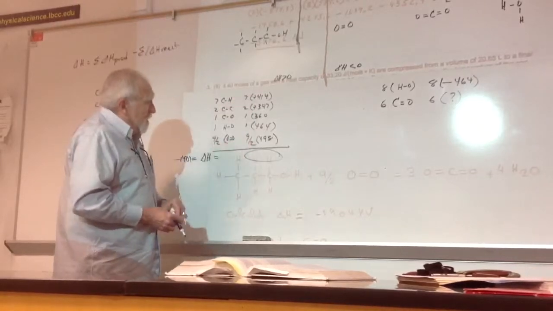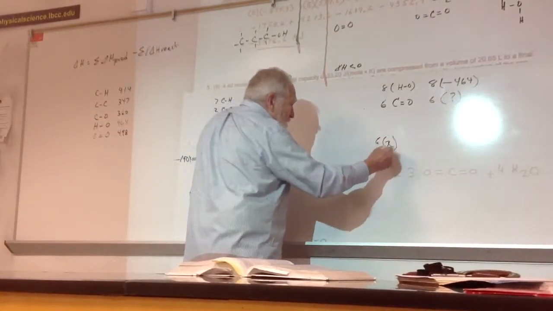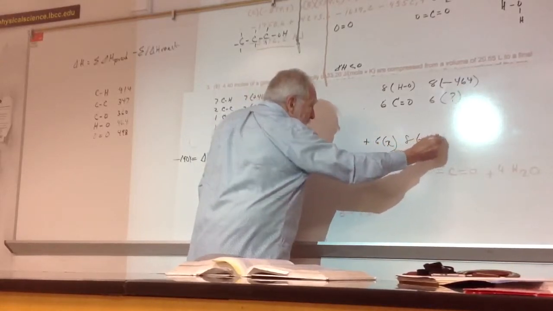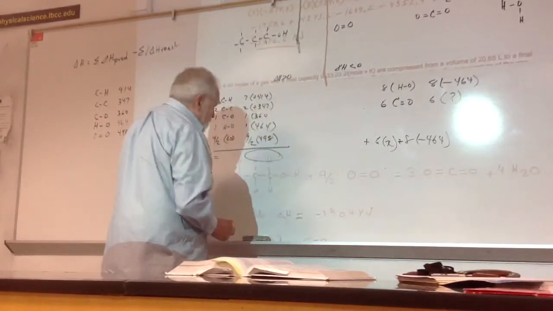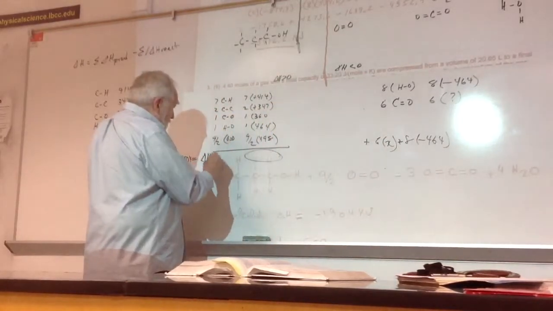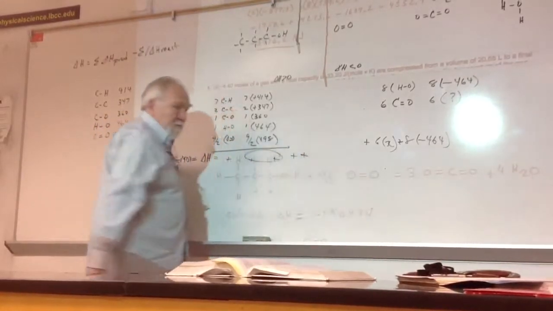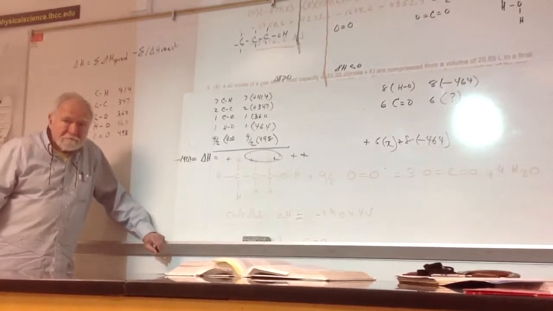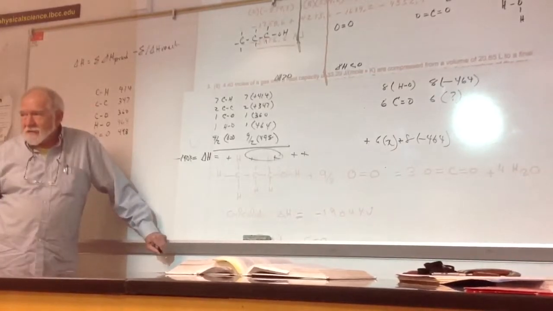You add all of these things up, it's 6 times X in the formula. It's 8 times minus 464. These are all going to be positive. And now you solve for X. Okay? I'm too lazy to get my calculator out. But you can do that, right?